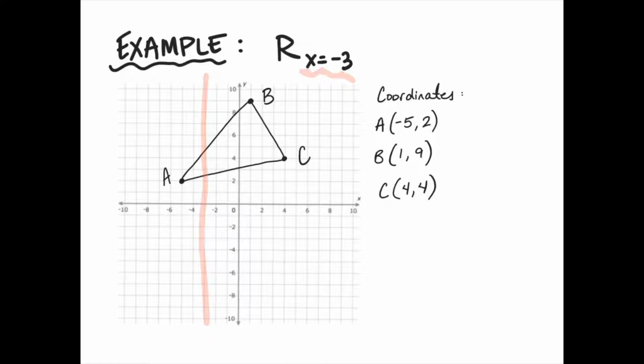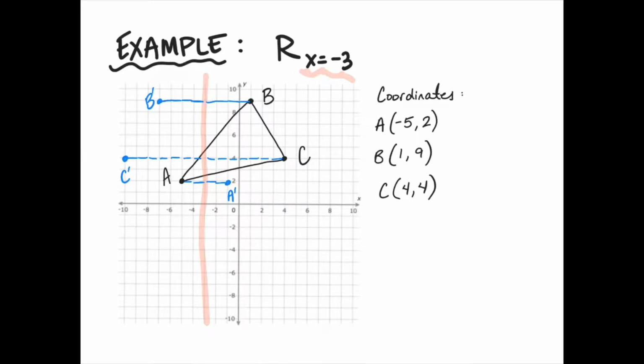And let's do it. So A is 1, 2 units away, so A prime is 1, 2 units away. B is 1, 2, 3, 4 units away, so B prime is 1, 2, 3, 4 units away. It's probably getting pretty easy now. C is 1, 2, 3, 4, 5, 6, 7 units away, so go 1, 2, 3, 4, 5, 6, 7 units on the other side.